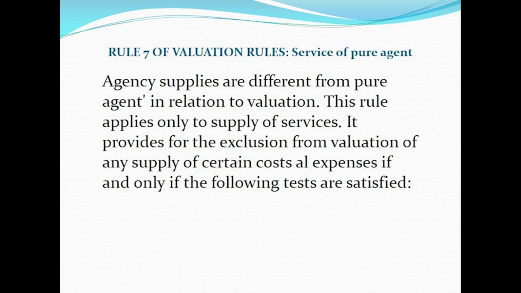Now, this rule 7, that is service of pure agent, applies only to the supply of services, and it provides for the exclusion from the valuation of any supply of certain costs, and it also excludes the expenses only if and only the following tests are satisfied.